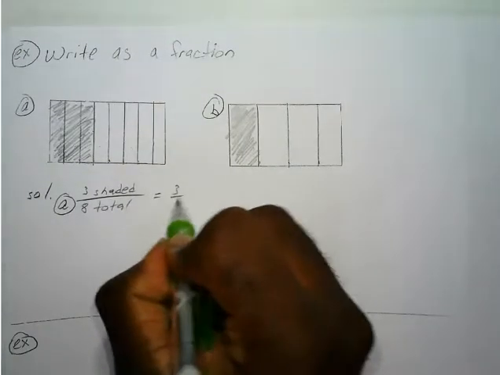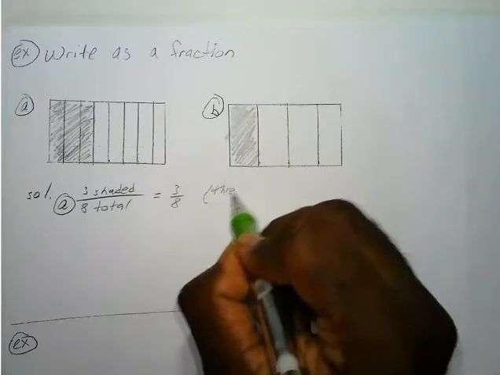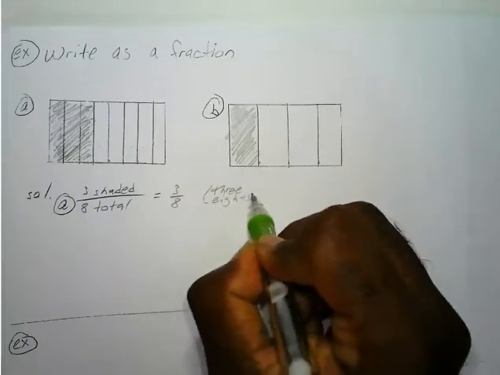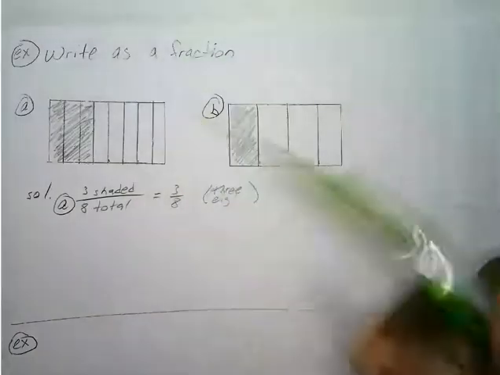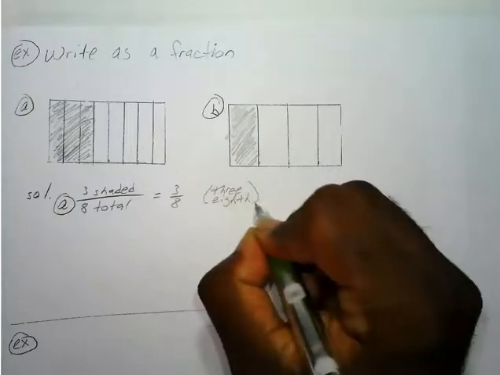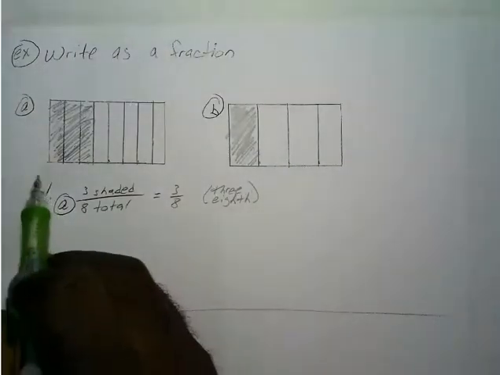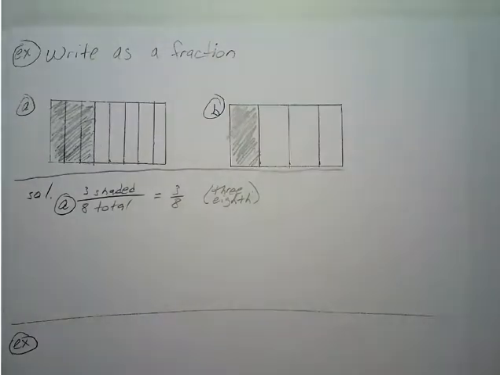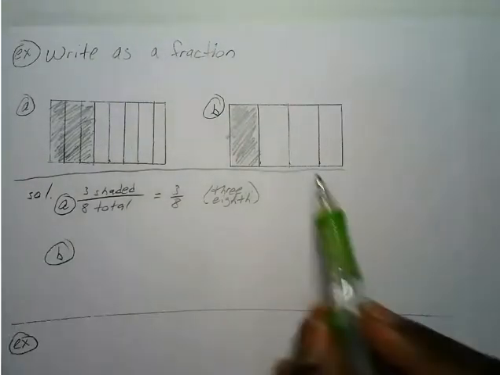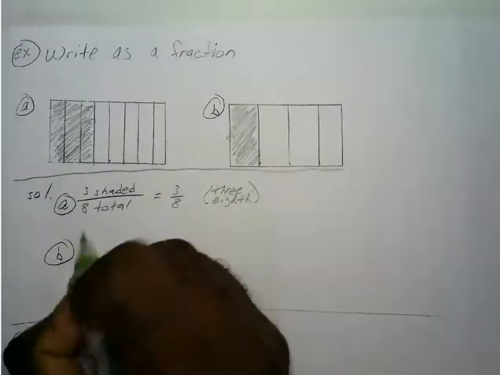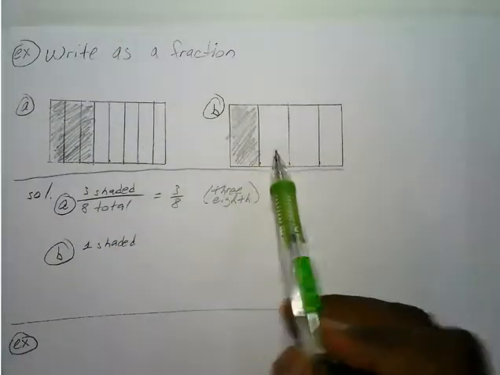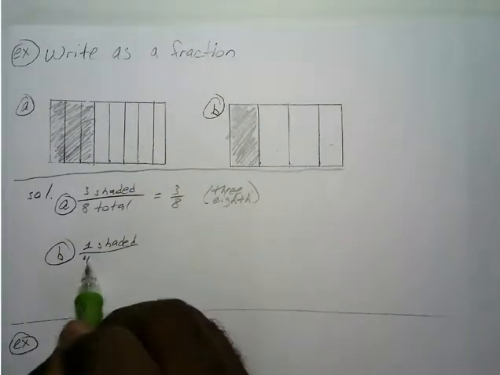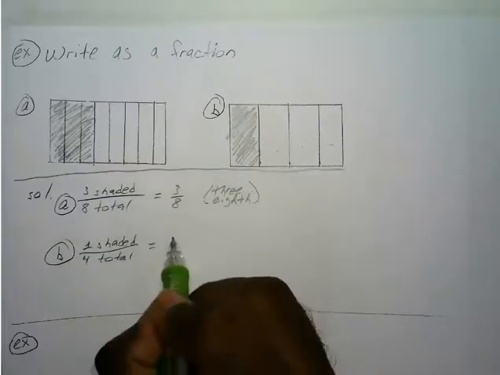So you have 3/8. Now for figure B, you have 1 section shaded, and you have 1, 2, 3, 4 total, which is 1/4.